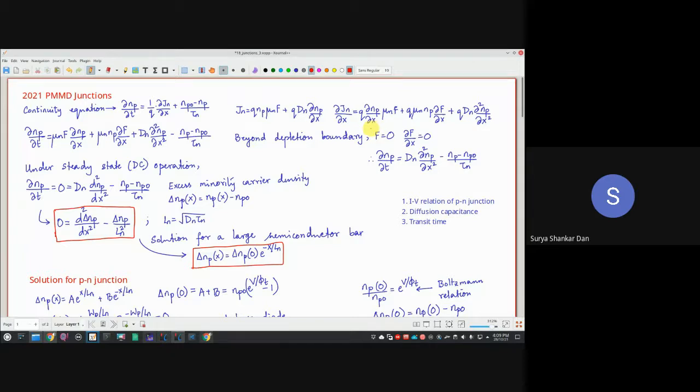So the field will be 0, and del f del x will also be 0. So now, what do we get over here? Here is the f, here is del f del x. These two terms will become 0, and you are simply left with only this part.